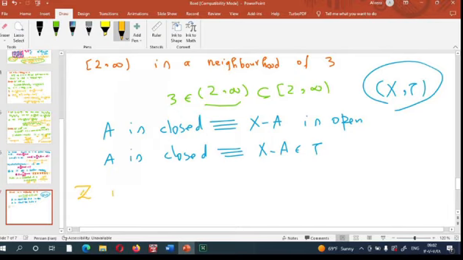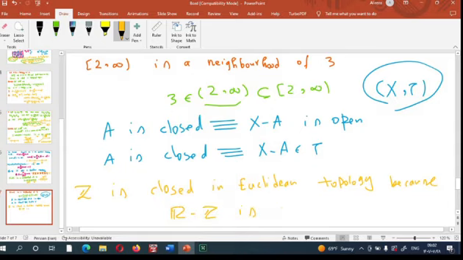For example, in Euclidean topology, Z is closed, okay, because we see that this is open.